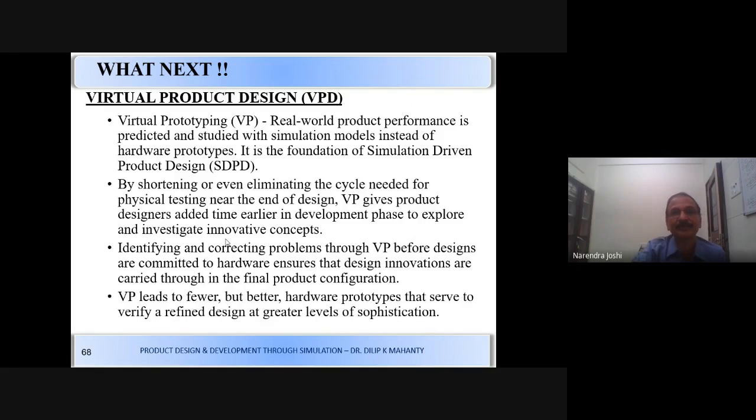It shortens and eliminates the cycle needed for physical testing near the end of the design. The virtual product gives product designers the right time to identify things. It leads to fewer, better, harder products, because you have understood all the inputs and outputs and how they interact, and whether any loopholes are there or not.